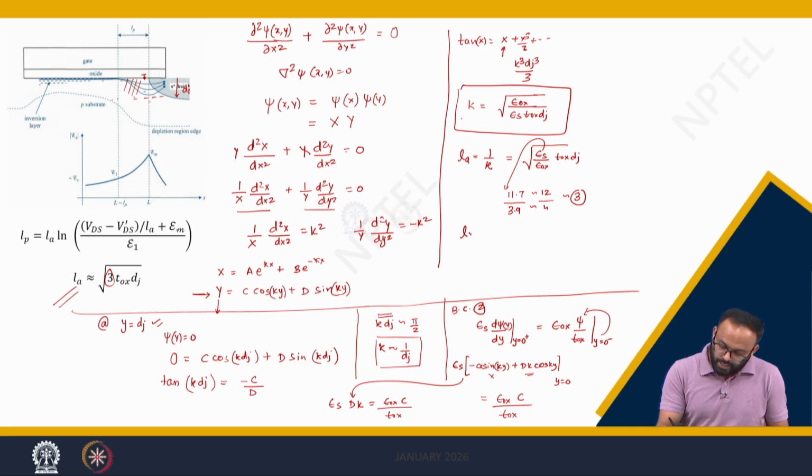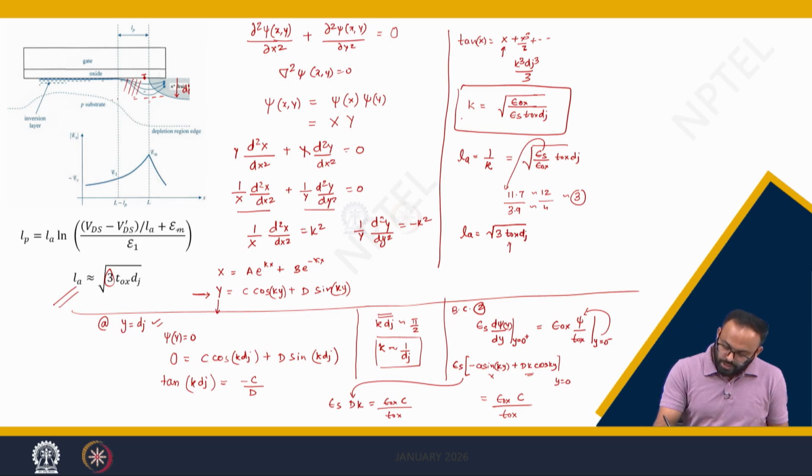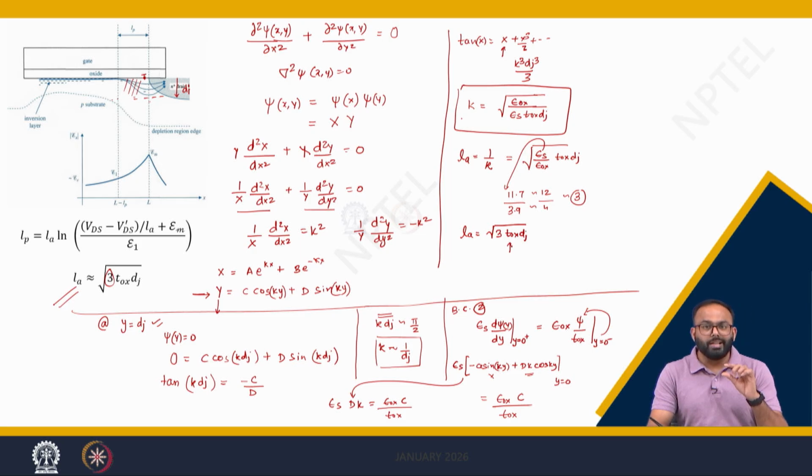So, the characteristic length La can be given by the square root of 3 times t ox and dj. This will give you an intuition whether my CLM is more or less. For example, if t ox is more, meaning the oxide thickness is more, the gate control will be weaker, and hence the CLM will be more. Similarly, if the junction depth is more, the CLM will be more.